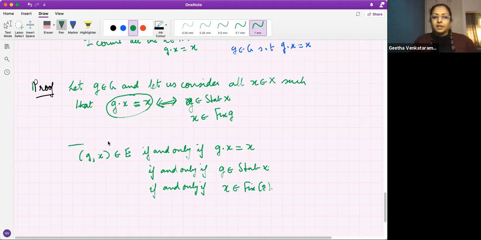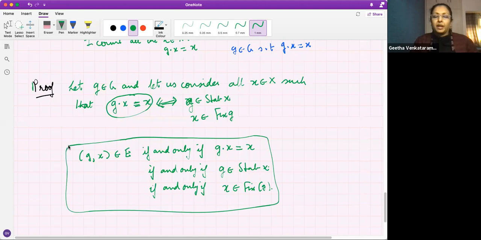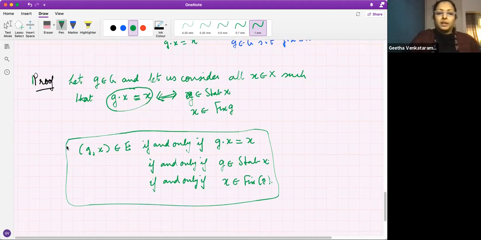Okay, so this is the key thing that you have to remember. And now let's do our counting.